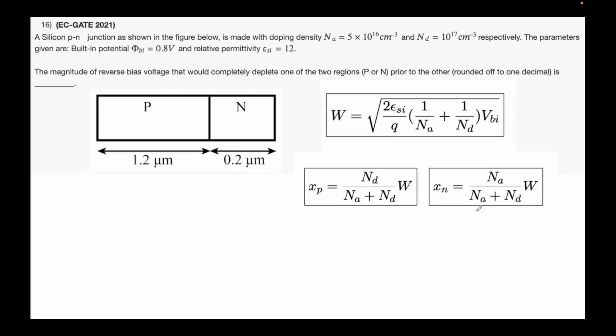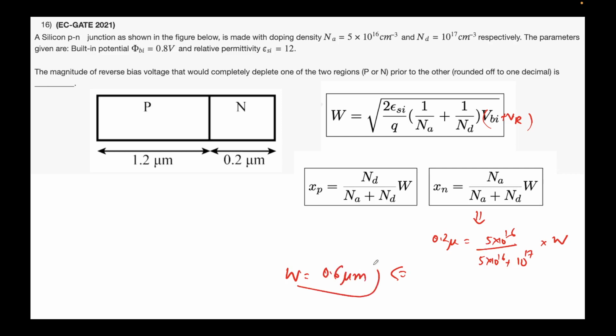So I'll take 0.2 microns equal to Na over Na plus Nd times W. Remember the formula is something like this. So this is 5 into 10 to the power 16, divided by 5 into 10 to the power 16 plus 10 to the power 17, times W. From this I can get that W equals 5 divided by 15, which is 1 by 3... so this will turn out to be 0.6 micrometers.